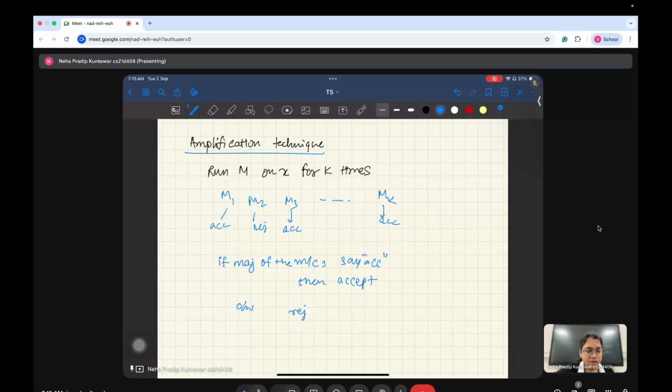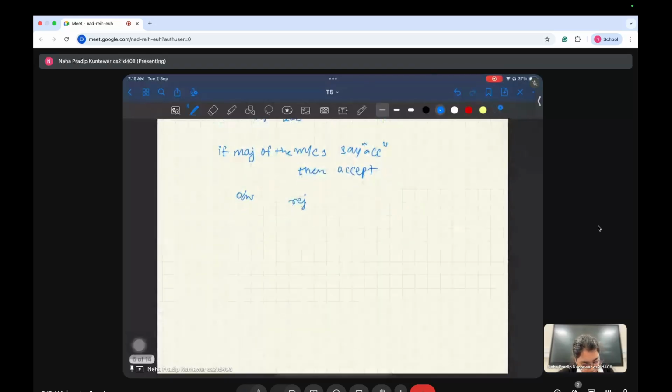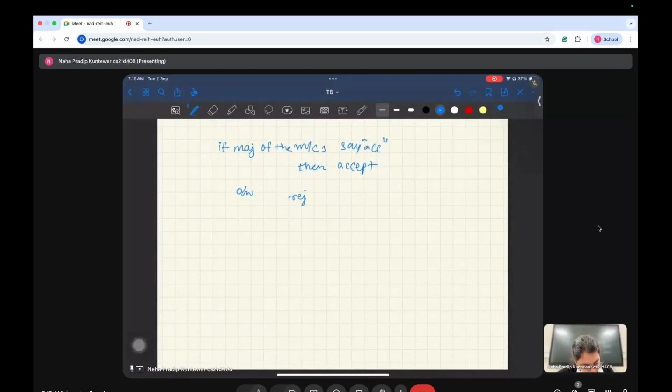Notice that, so let's do the count. If x is indeed in the language, the probability that M1 makes error is bounded by half, M2 makes error is bounded by half, and so on.